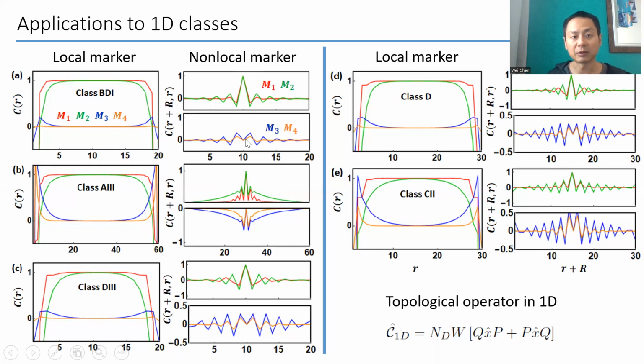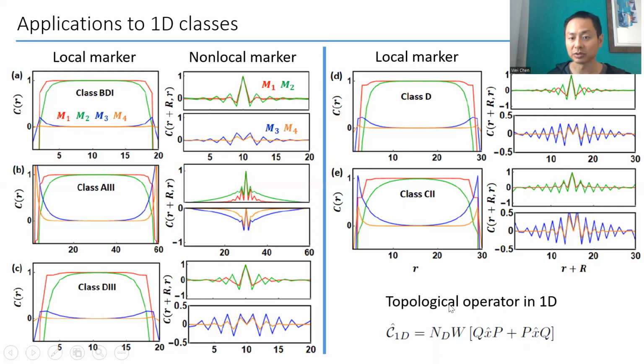Likewise, in the topologically trivial phase, where these 2 parameters, M3 and M4, are both in the trivial region, M3 is closer to the critical point, and therefore this blue line has a much longer decay length than the orange line. This feature is the same in every symmetry class in 1D.